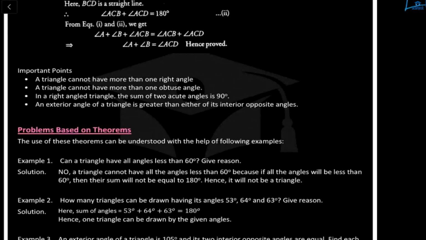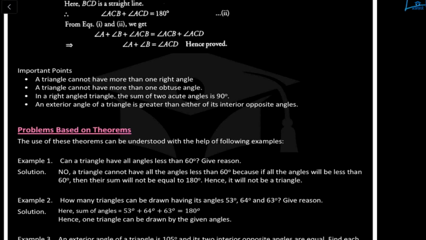In a right angle triangle, the sum of the two acute angles is 90 degrees. And an exterior angle of a triangle is greater than either of its interior opposite angles. Because the exterior angle is equal to the sum of the opposite interior angles, if you take a single opposite interior angle, the exterior angle's value will always be greater. Understood? The exterior angle includes two angles.